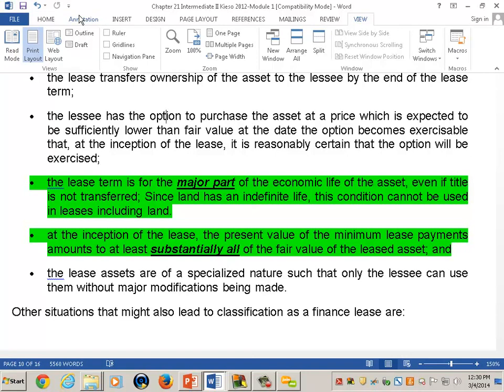What would you do if you're working for Ernst & Young or PwC, and in California, a lease is presented and the lease is failing all of the tests except that the lease term is 60% of the life of the asset. Is that a capital lease?